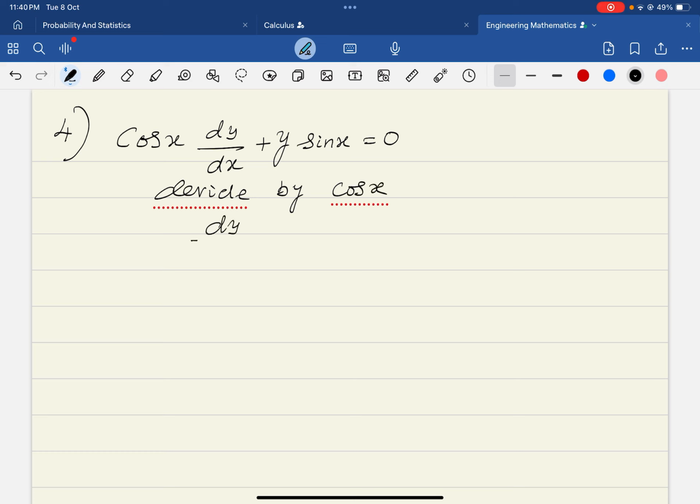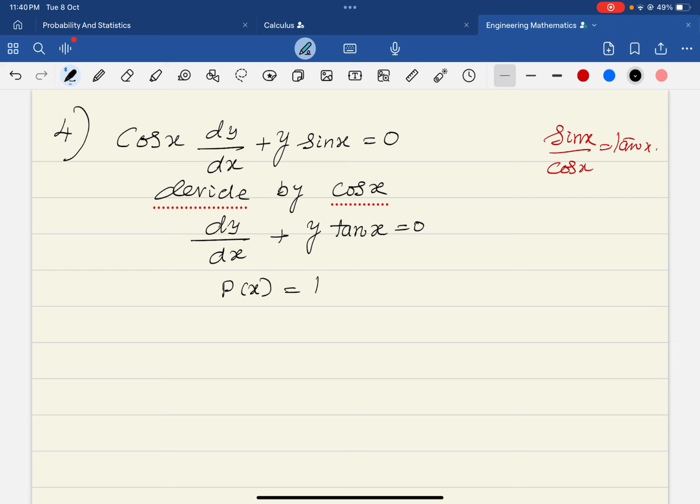So, what we get? dy by dx plus y times sine by cosine, which is tan x, is equal to 0. So, this you know.